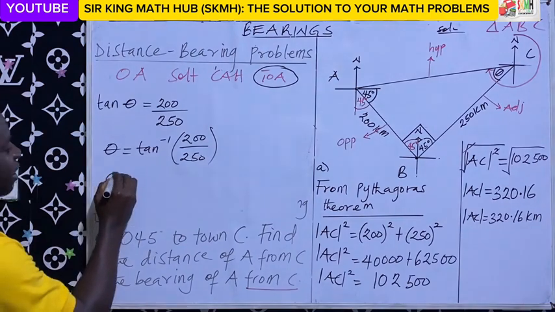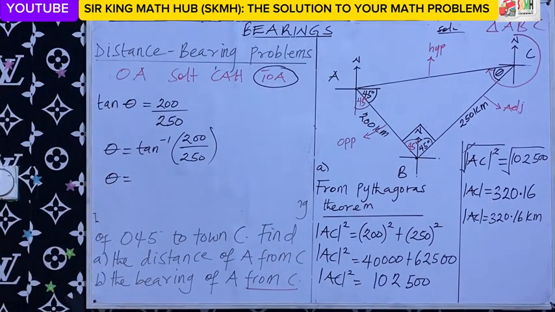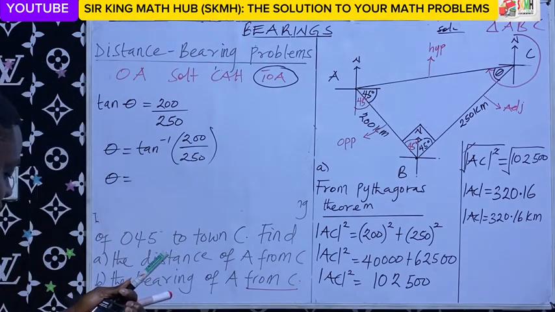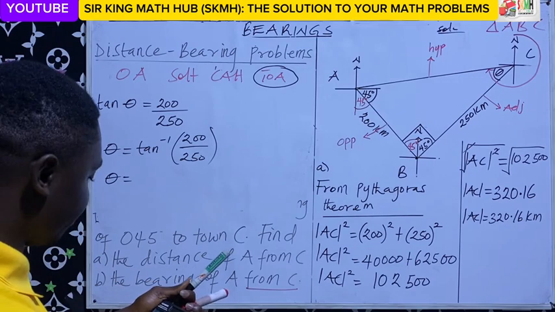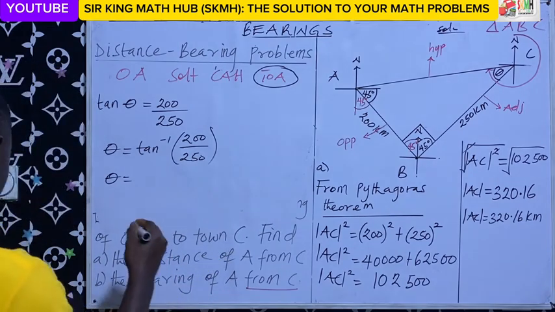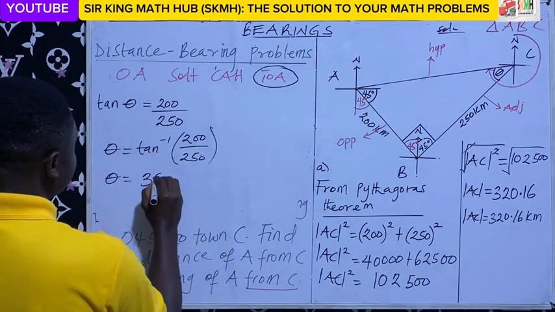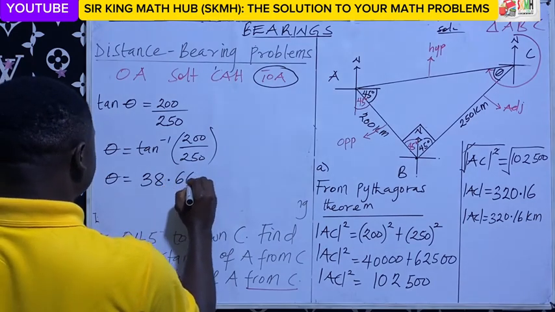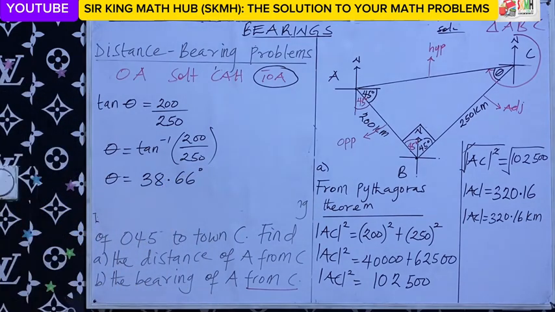From our calculator, theta is 38.66 degrees to 2 decimal places.